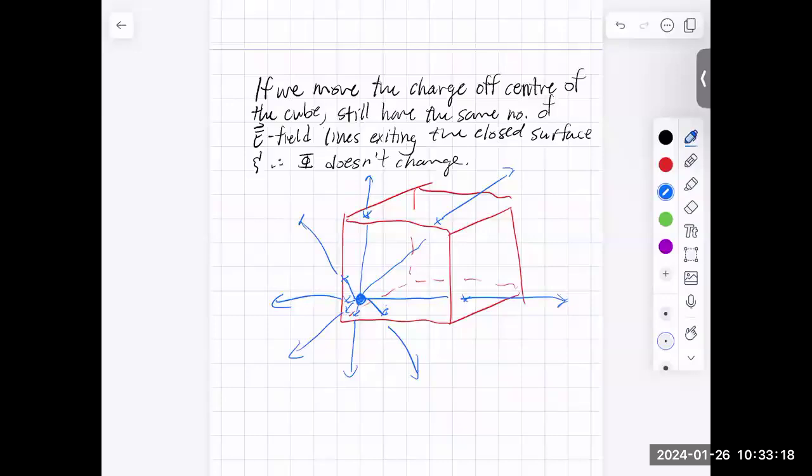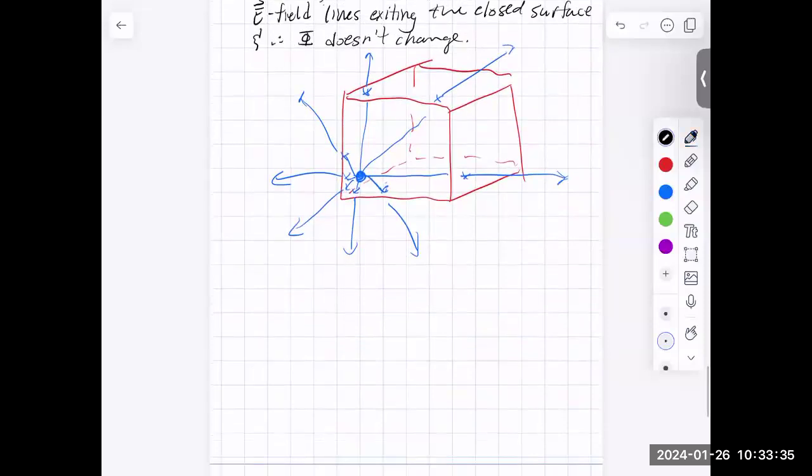No, they're not going to cancel each other out. They could only cancel in terms of flux if you had the extra field lines entering and exiting. But those field lines could only exit if I double the strength of this charge, right? So let's draw it.